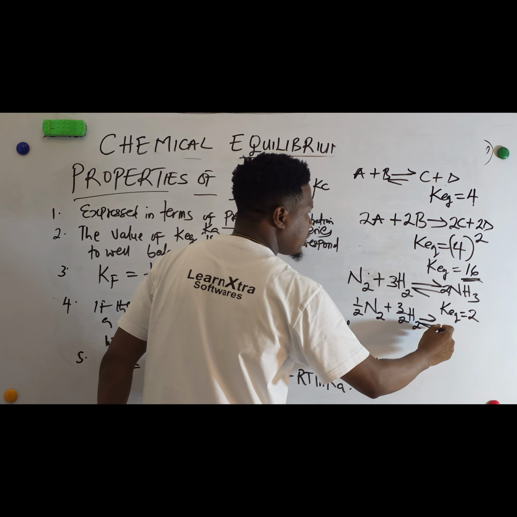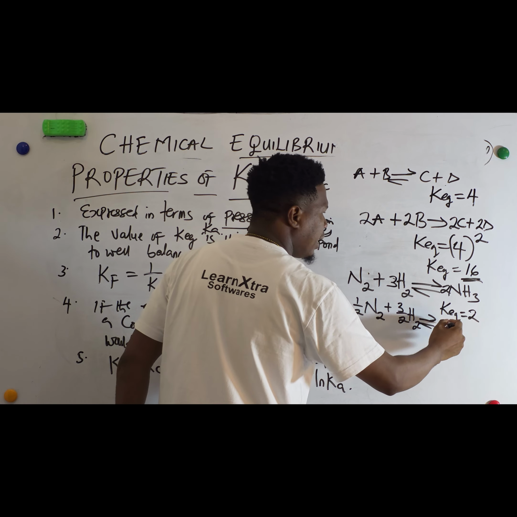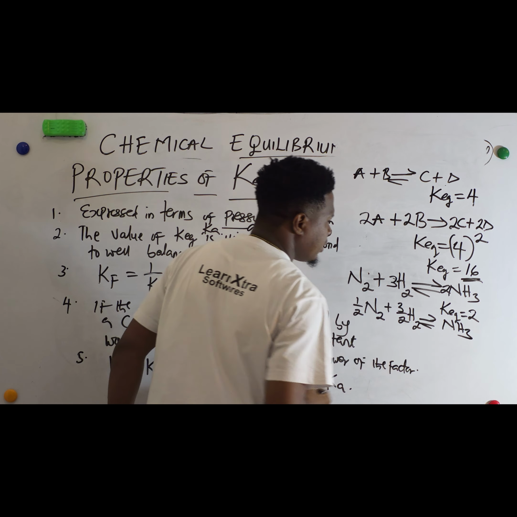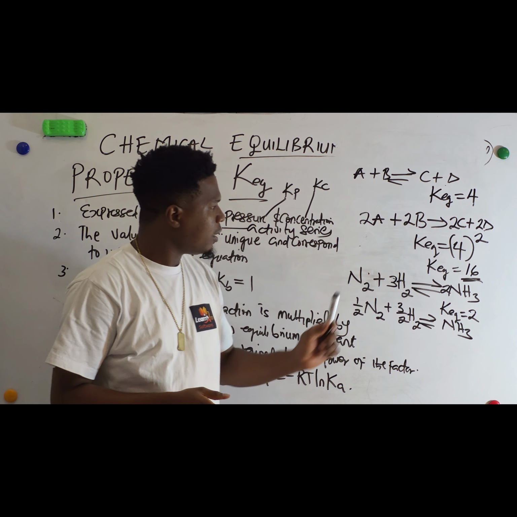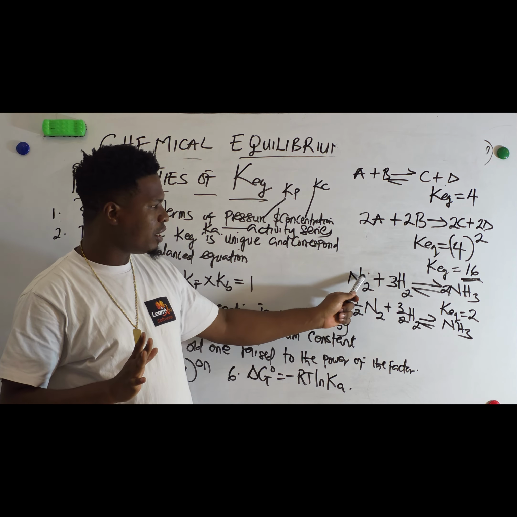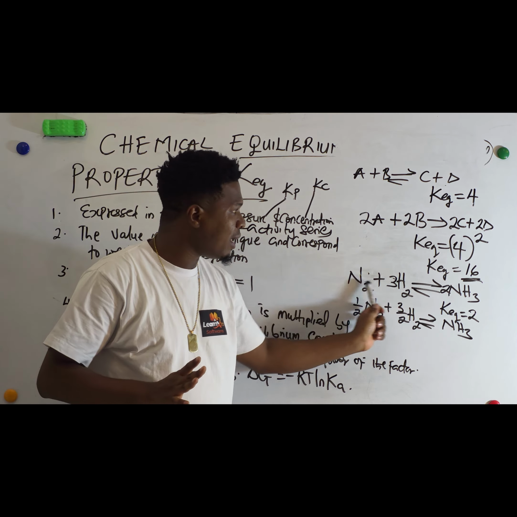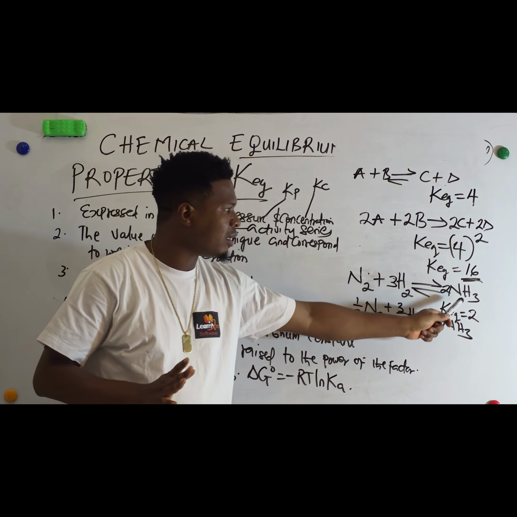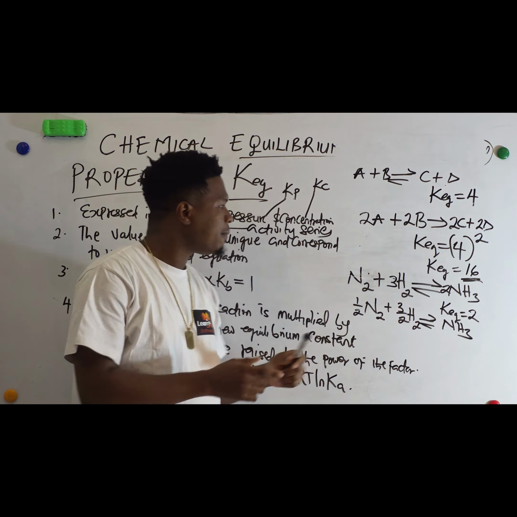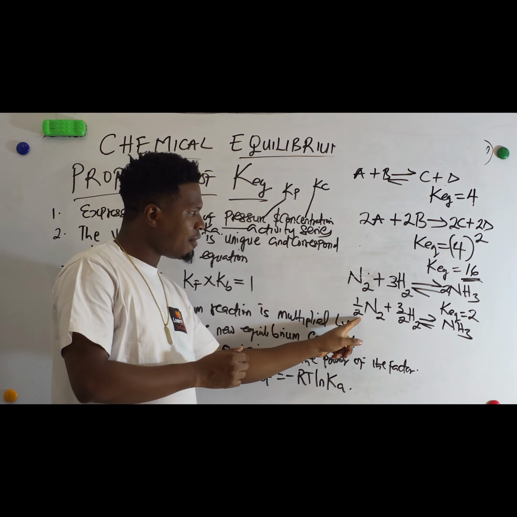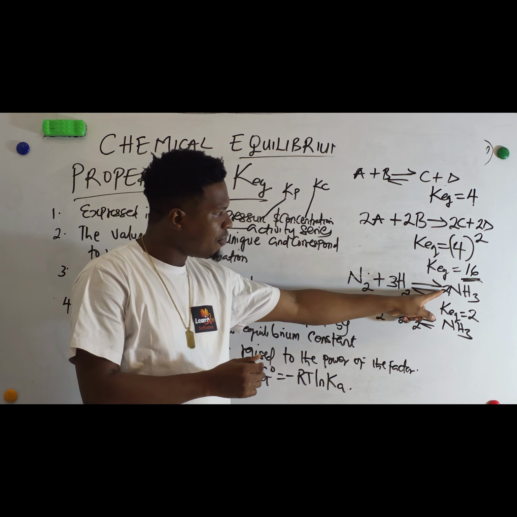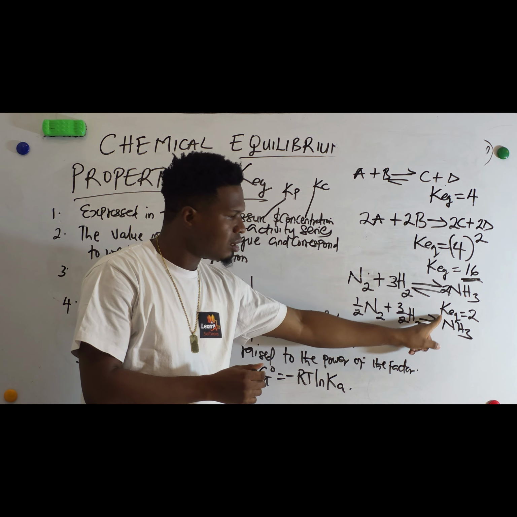In a reversible reaction, half times 2 will give you 1, so here will be NH3. Watch carefully. This equation and this equation are both balanced. The difference is that this one is balanced on its own after placing the coefficients. If I multiply everybody here by half, half times 1 is half, 1 over 2 times 3 is 3 over 2, and half times 2 is 1.